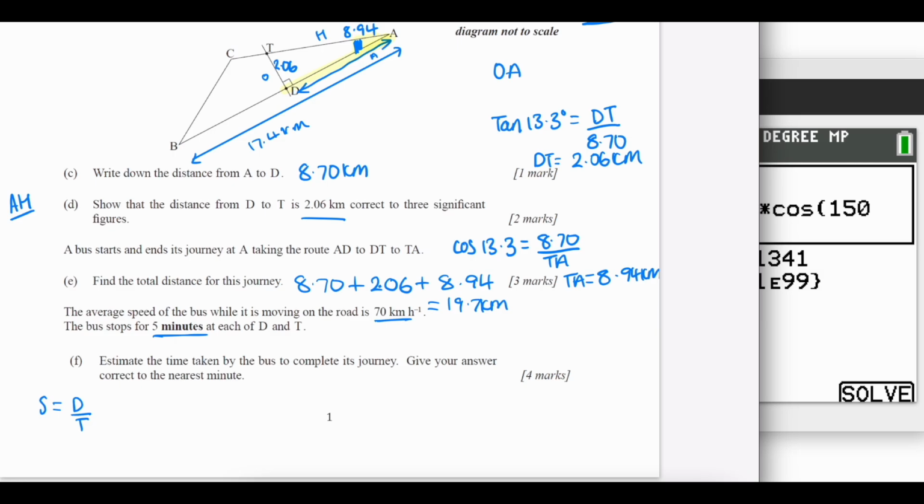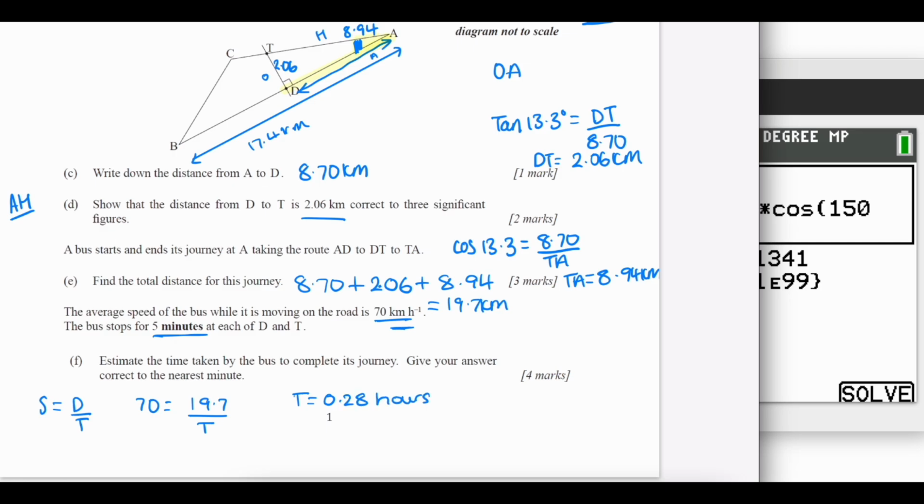We need to make sure that the units are all the same, so we're working in kilometers per hour, so we need to put everything in hours or kilometers. So speed is 70. We know that it travels 19.7 kilometers, and so this will tell us the time in hours. And again, I could put that into the numeric solver and find that it's 0.28 hours.